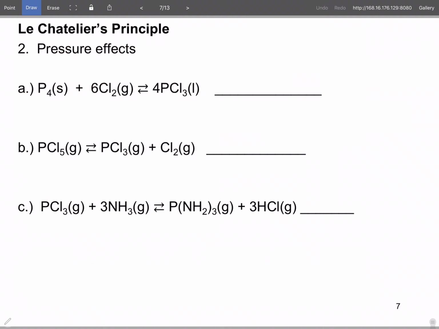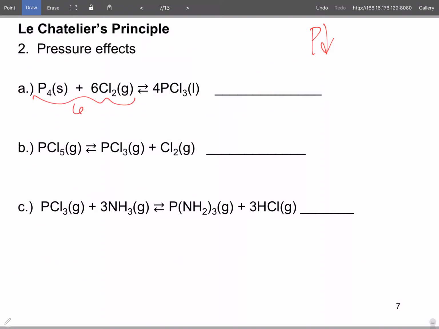So here we have pressure effects. And usually I ask somebody up or down. I'm going to go with down. So what we're going to do here on this one is we're going to decrease the pressure. So if we look over here, we only look at the gases.